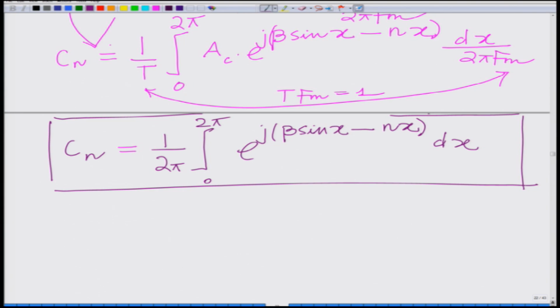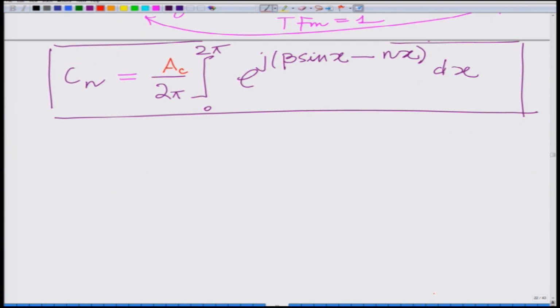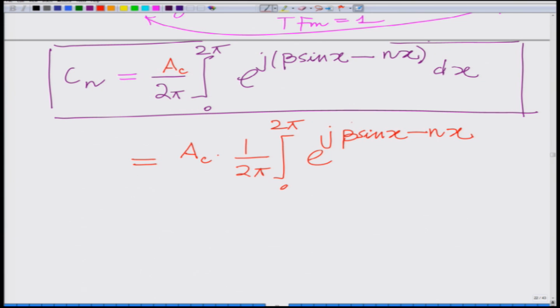You can see this is basically your Cn. In fact, I have an Ac also, and this integral I can write as Ac into 1 over 2 pi, integral 0 to 2 pi, e to the power of j beta sine x minus n x. Now you can see this is a standard integral.